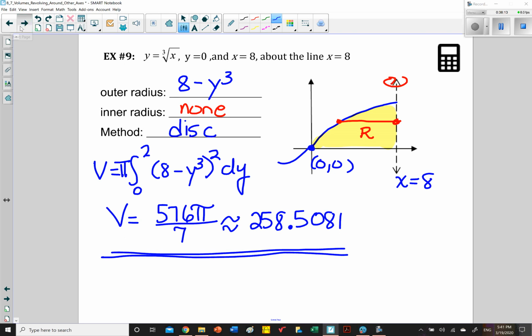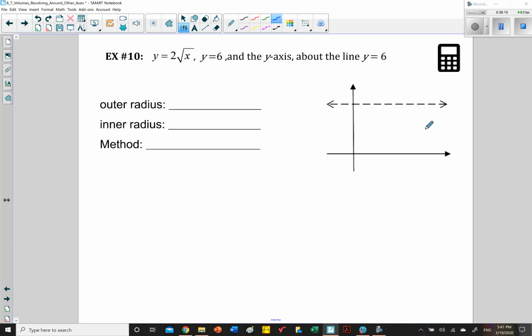You wish you could say this is the last calculus problem you'll ever work, but we know that's not the truth. So 2 square roots of x, I believe, is going to run into 6. When this is 6, it's the square root, so that's 9, 6. We're revolving around the line, y equals 6. This is one more disk method, so there will not be an inner radius.